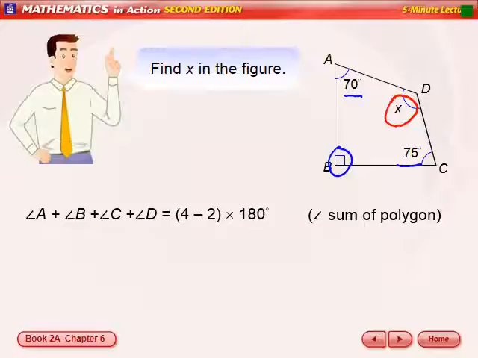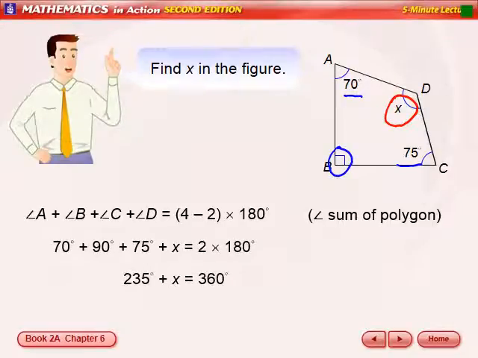This is a quadrilateral, and so the angle sum of quadrilateral would be equal to 4 minus 2 times 180 degrees, and write down angle sum of polygon. After solving the equation, we find that x is equal to 125 degrees.